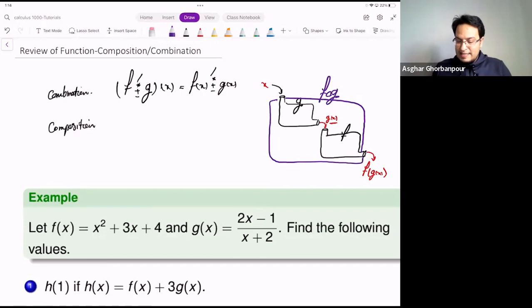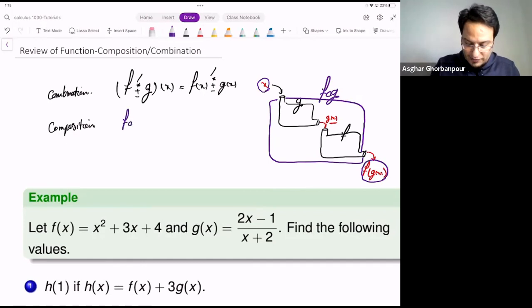What people can now see is that if you put in x, it will spit out f evaluated at g of x. This is composition of two functions. f of g at x means f evaluated at the output of g.